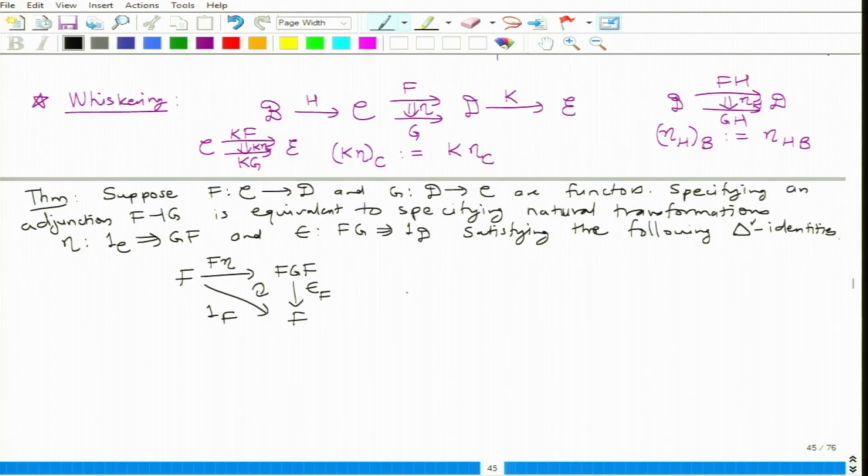And the corresponding identity for G. Okay, G to GFG. Correct. And GFG to G is G epsilon. Okay, so both of these commute.